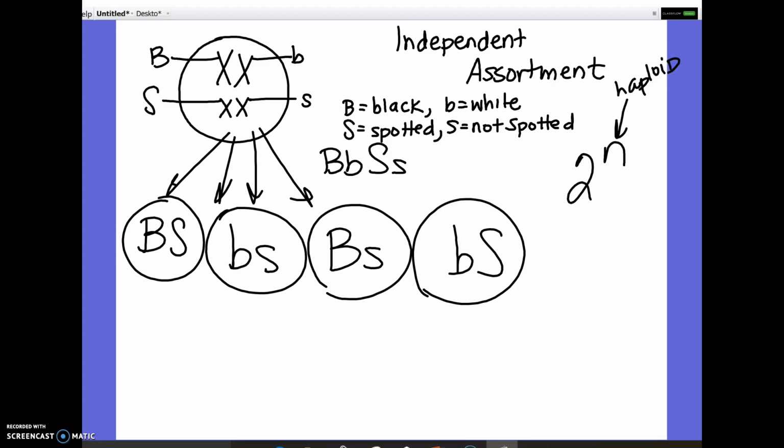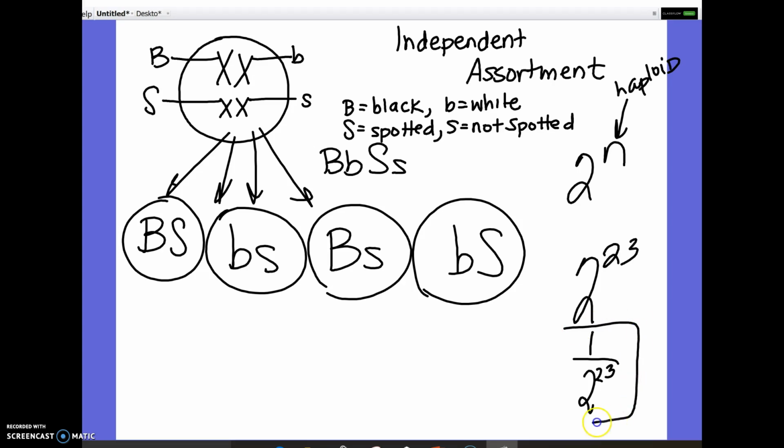In humans, we have 23 chromosomes, a haploid number. So 2 to the 23rd. That means the chance of 2 sperm, just from one guy, being the same, is 1 over 2 to the 23rd power. Almost impossible. That's how many different possible combinations of chromosome 1, chromosome 2, chromosome 3 there are.